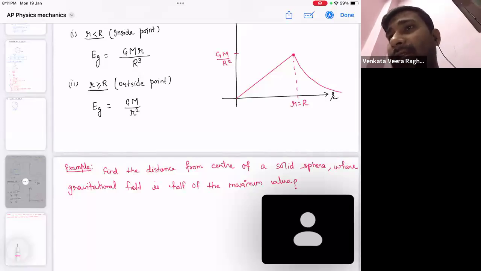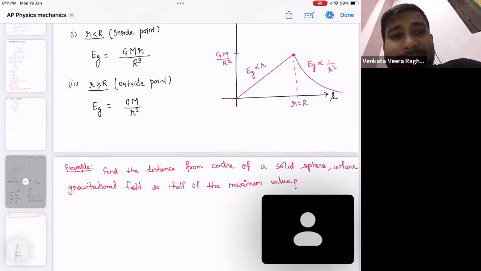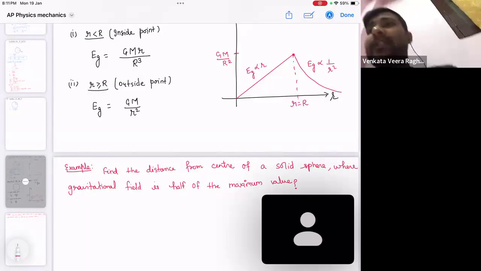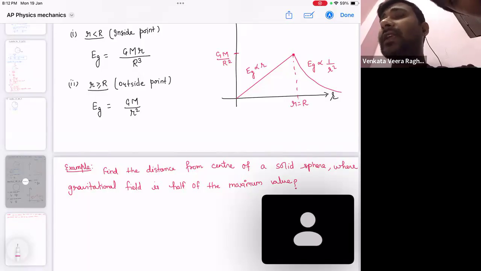And if you look at the graph for inside point, the field is directly proportional to r. And for outside point, the field is inversely proportional to r square, right? So you see that when we go from center to the surface, the field increases. And again, from surface to outside, field decreases.